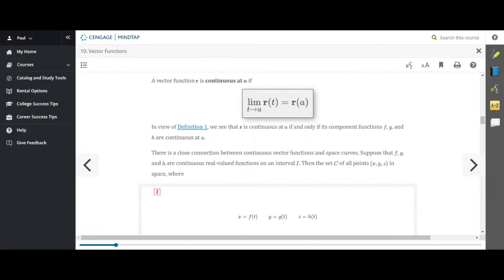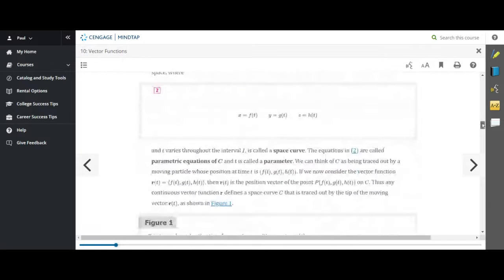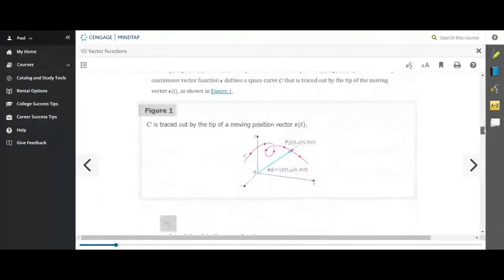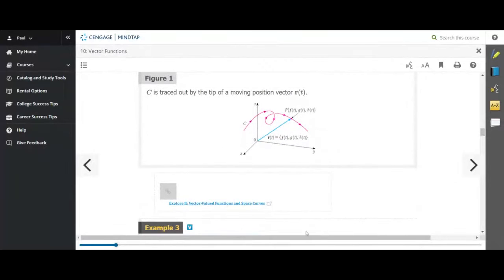It might help to have a little picture here. This is a picture of a vector function. You see the vector r of t drawn from the origin, often called a position vector.